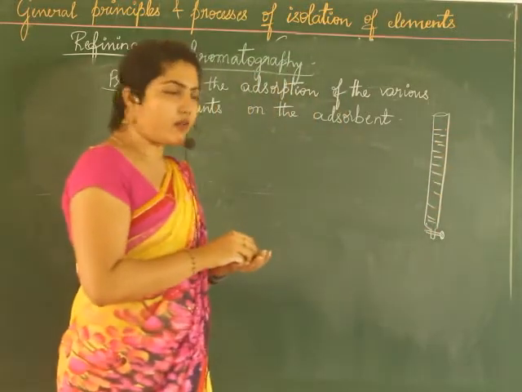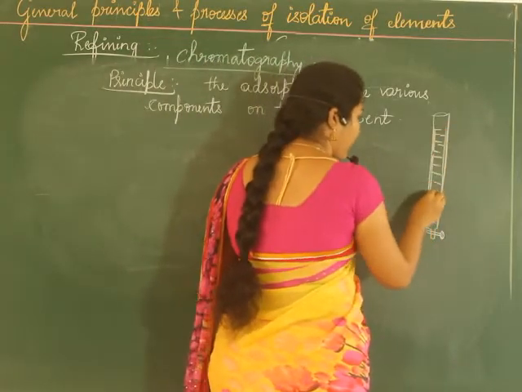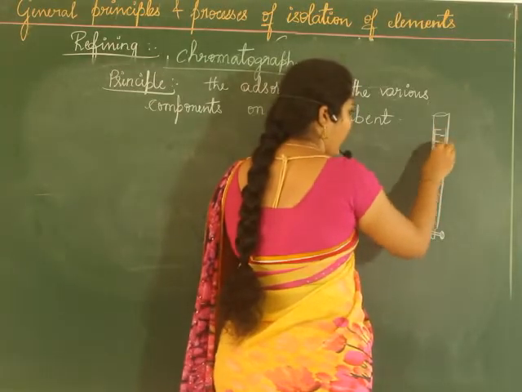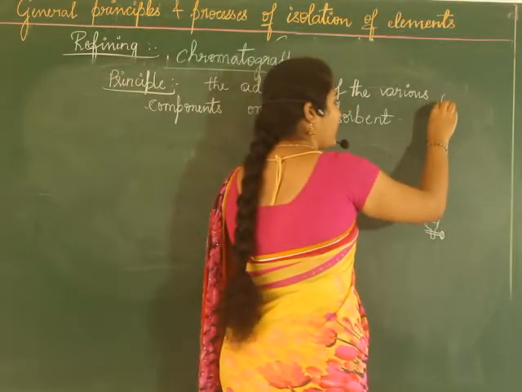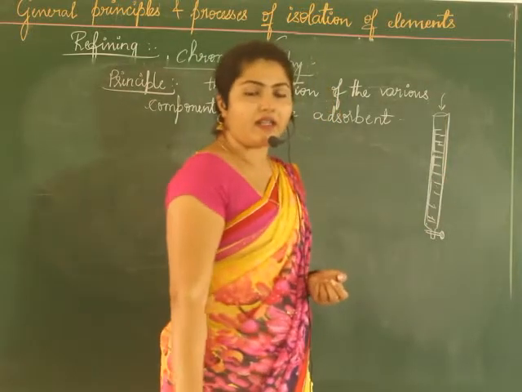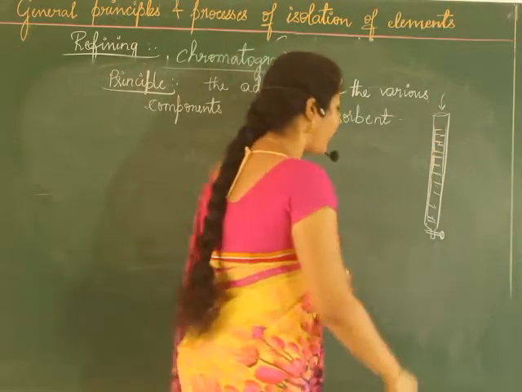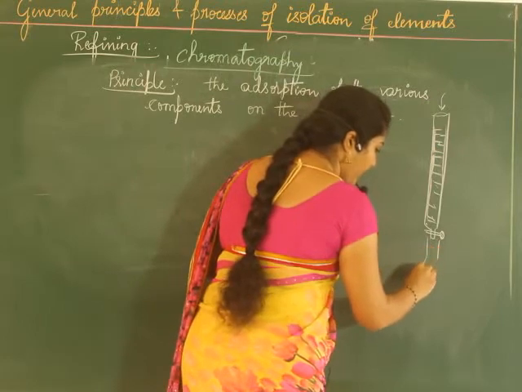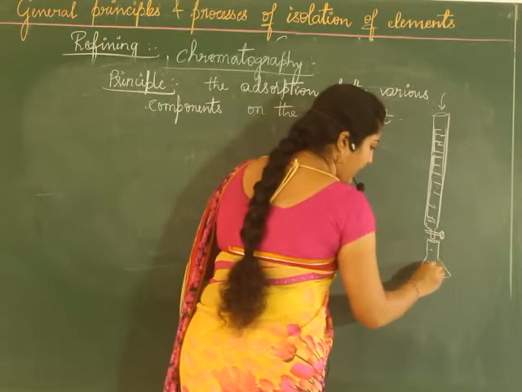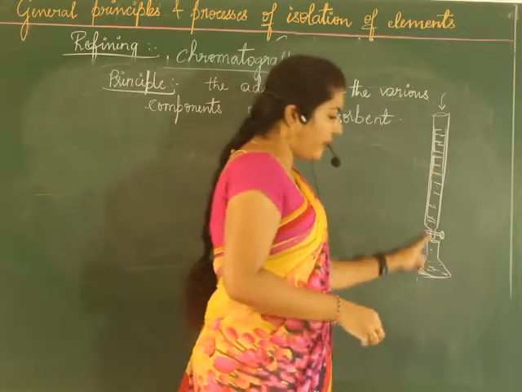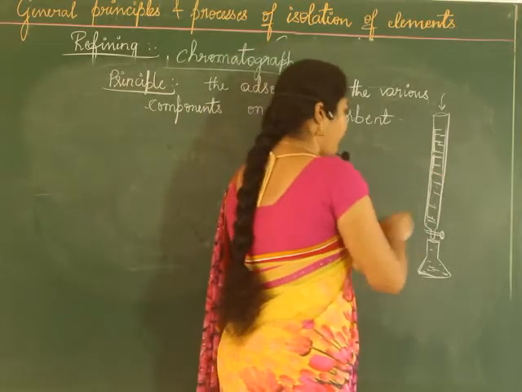We use a phase here, which we say stationary phase, and the one moving medium is called the mobile phase. The solution is added, liquid phase or gaseous phase, and then we collect the moving medium.